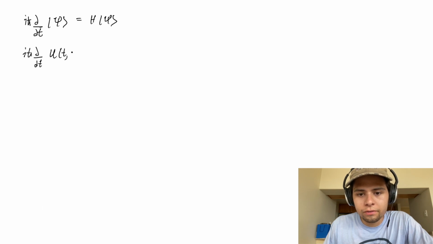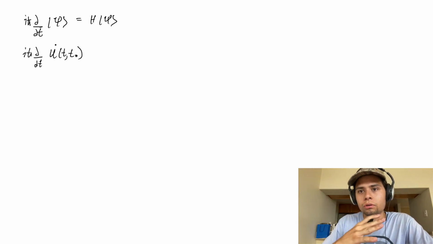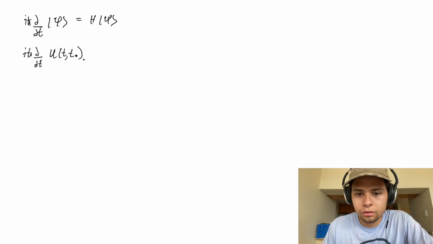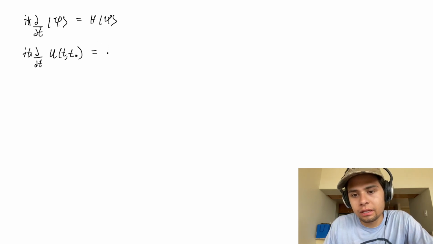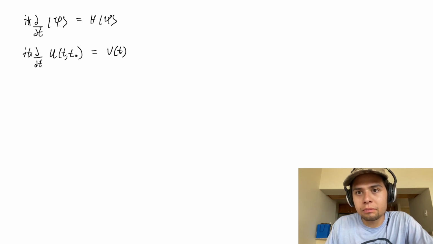And u will give you some time components, and most of the time this is how u is written, right? So u starts at time 0, okay? And as time progresses, u also progresses, okay? And this is basically time final right here, okay? And we want to say that this is equal to just the time dependent portion of the Hamiltonian.